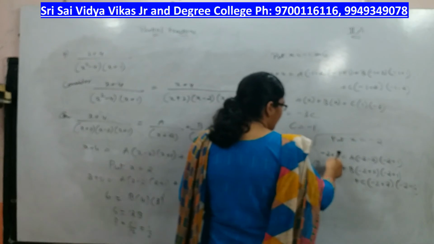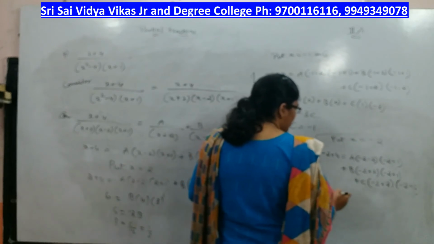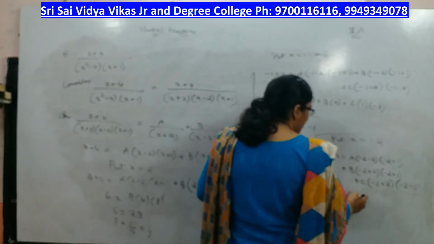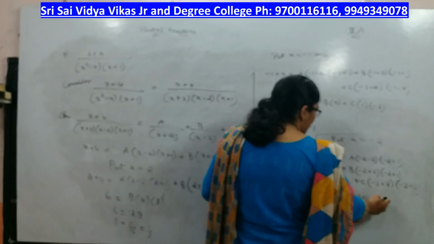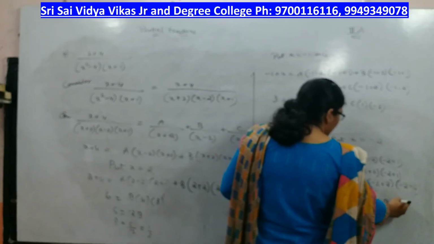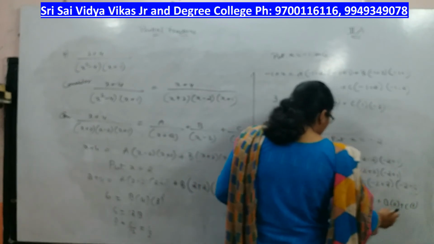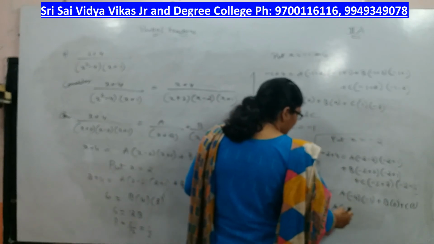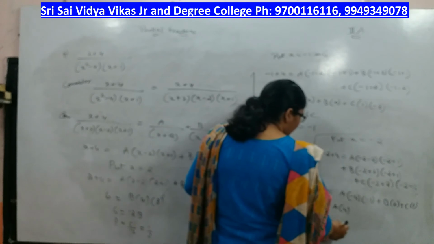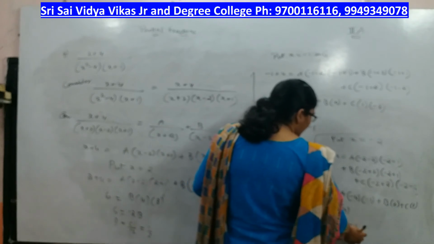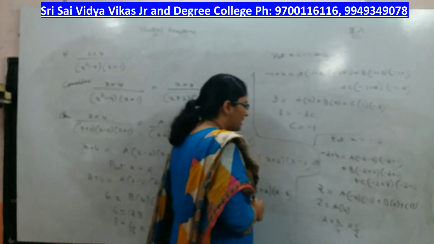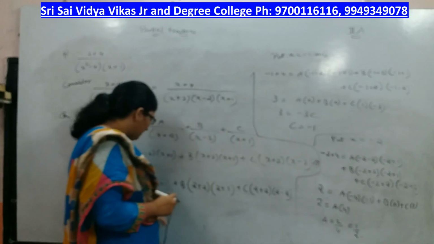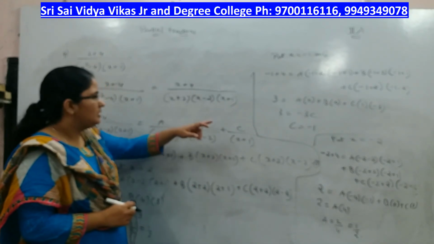So here you will get minus 2 plus 4, which is 2, that is equal to a into minus 4 into minus 1 plus b into 0 plus c into 0. So 2 is equal to a into 4. a is equal to 2 by 4, which is equal to 1 by 2. So a value is 1 by 2, b value is 1 by 2, c value is minus 1.